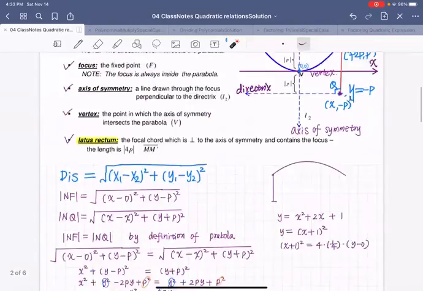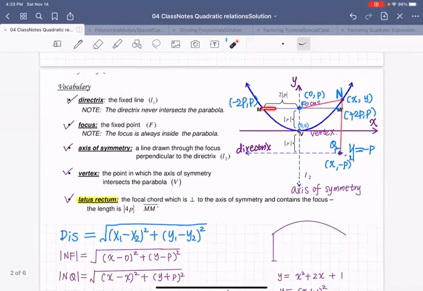Now, you want to find the latus rectum points. One point is on the left, one point is on the right. They didn't tell you these point locations, so we can get them by ourselves. Let me show you how we can calculate these values.